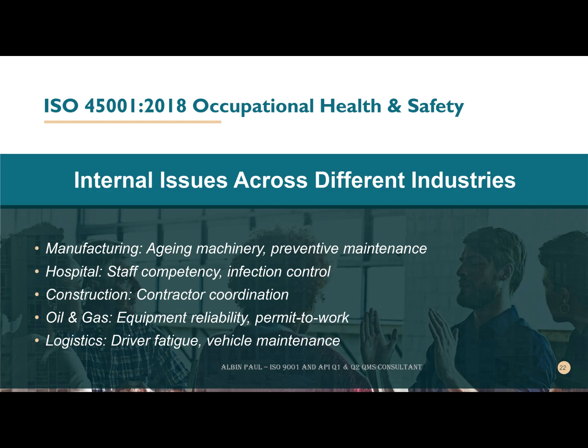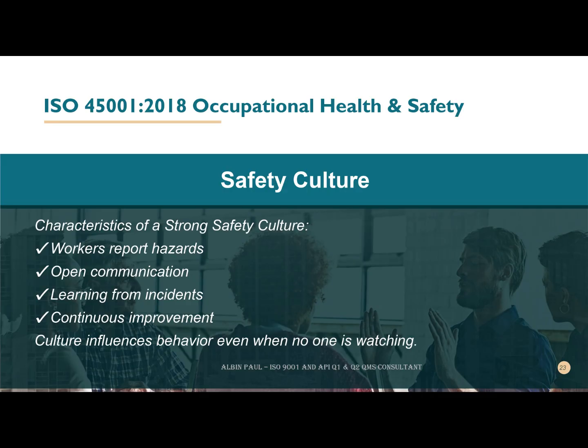Internal processes. Poor maintenance systems, unclear procedures, or an ineffective permit to work system can create unnecessary risk. Safety culture. A workplace where employees freely report hazards is much safer than one where workers remain silent out of fear. Communication. Timely and effective communication ensures hazards, lessons learned, and safety expectations reach everyone.